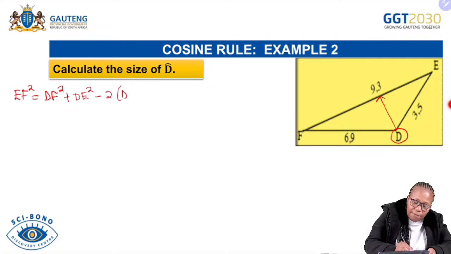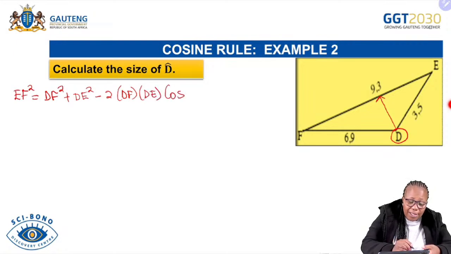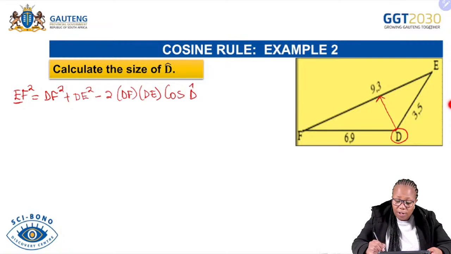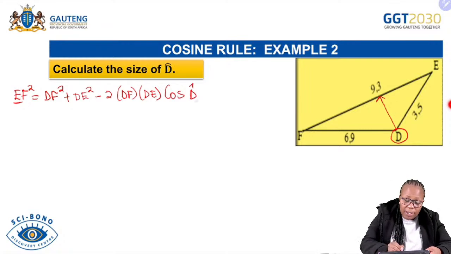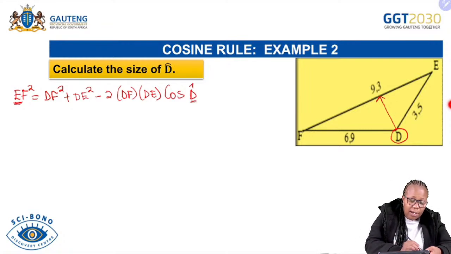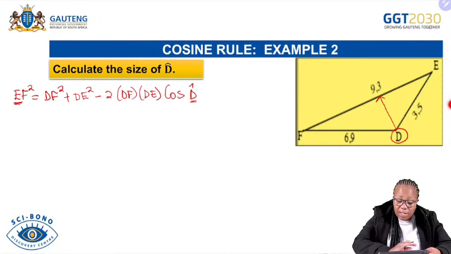Same DF, DE, and then the cos of the angle that is opposite this side, which is cos D. Okay, can you see, grade 12? This must correlate the angle and the side. The minute that is wrong, everything goes wrong.